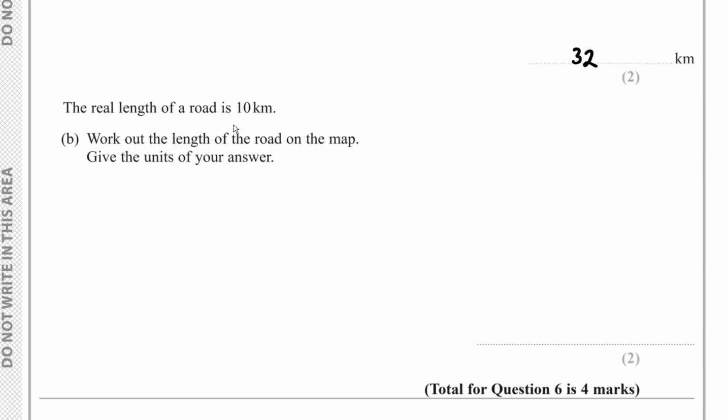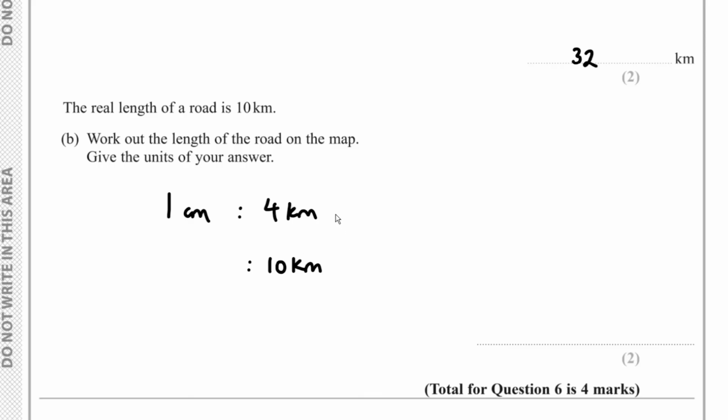The real length of a road is 10 kilometers. Part B, work out the length of the road on the map. Give the units of your answer. So we know that 1 centimeter would represent 4 kilometers. And what we have is 10 kilometers.